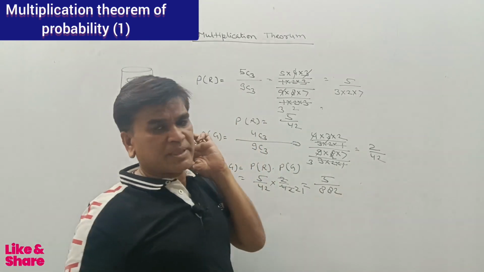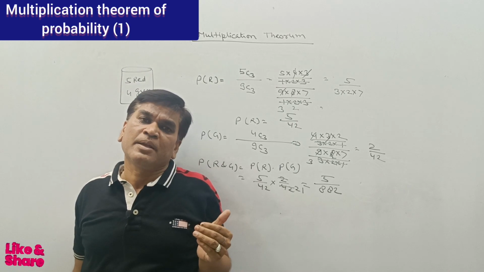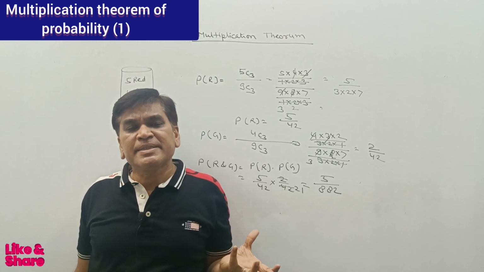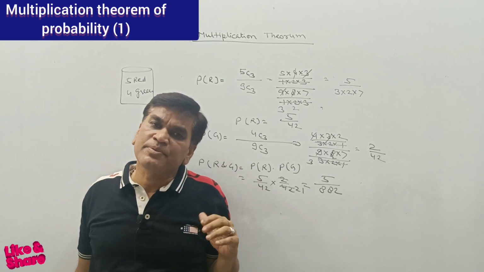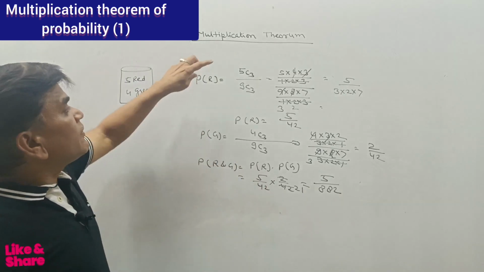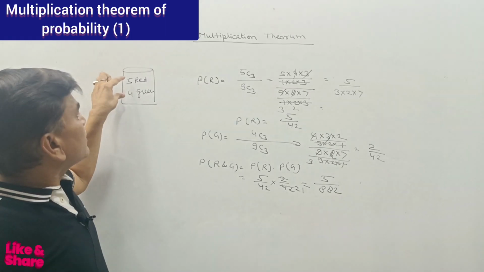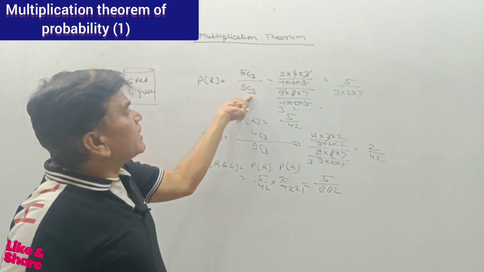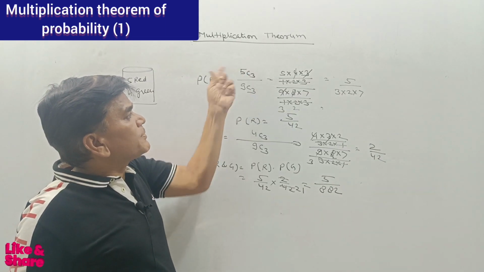So in this question we should learn: one box contains 9 balls, and at one time we are getting 3 red balls out of 5. So there will be a total of 9C3, and getting all 3 red is 5C3.